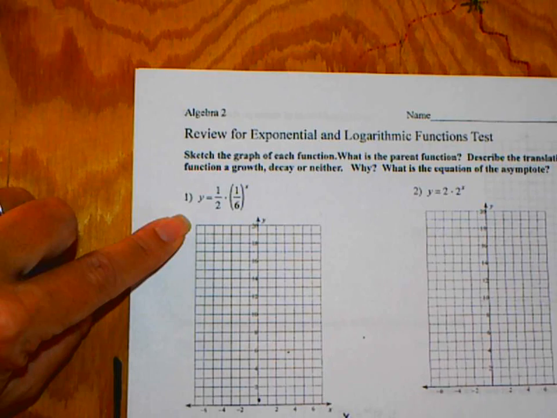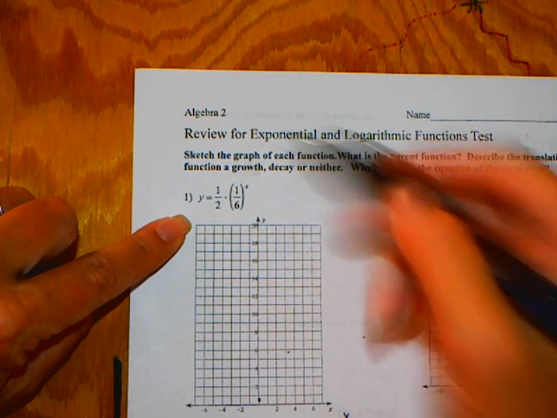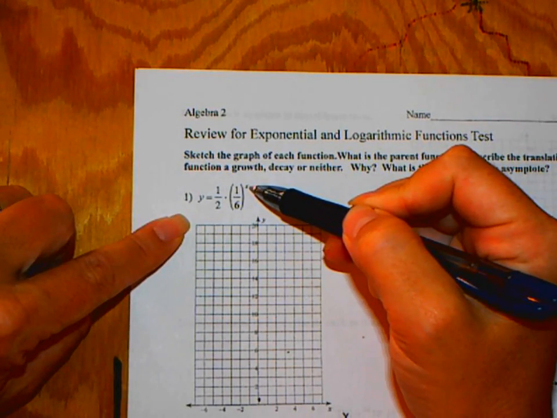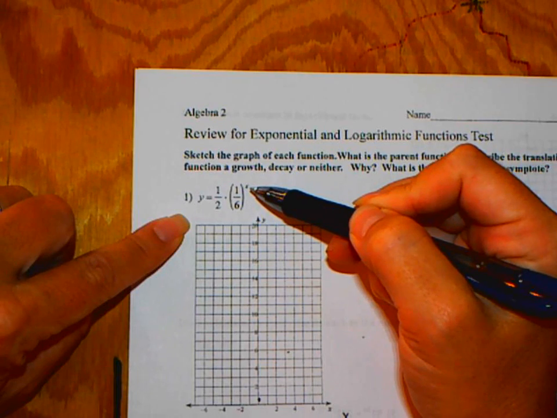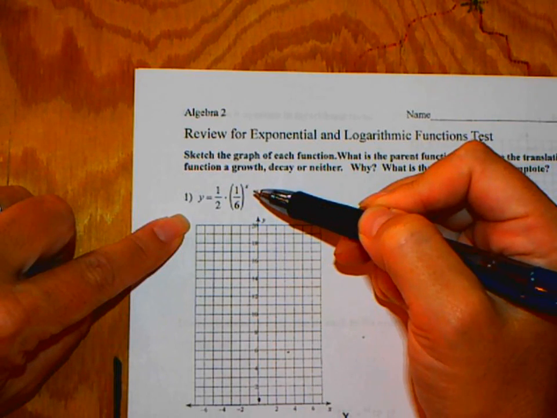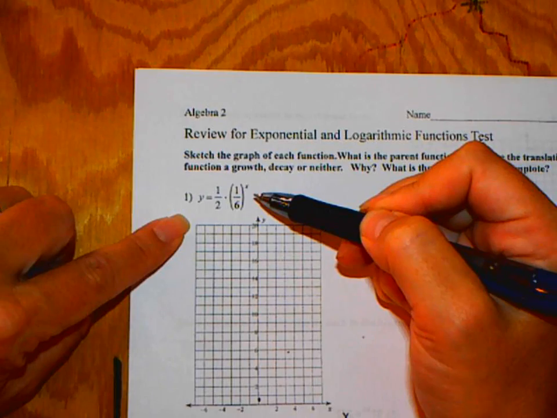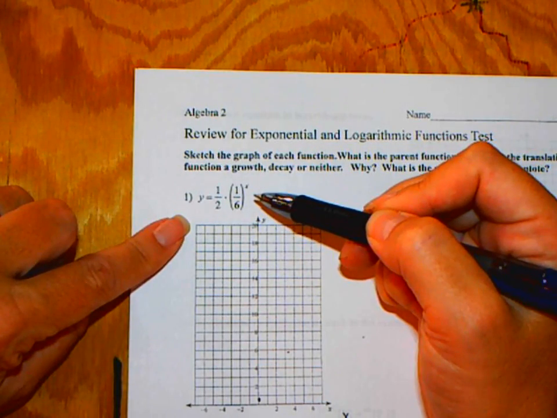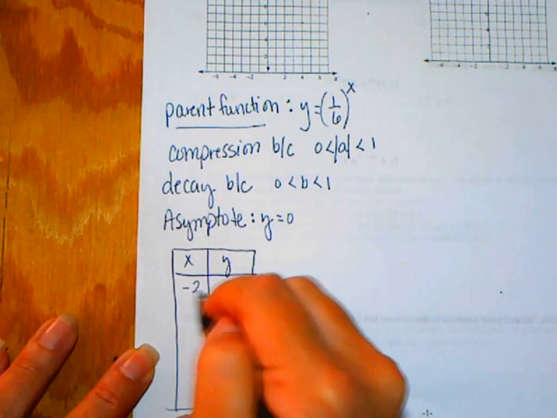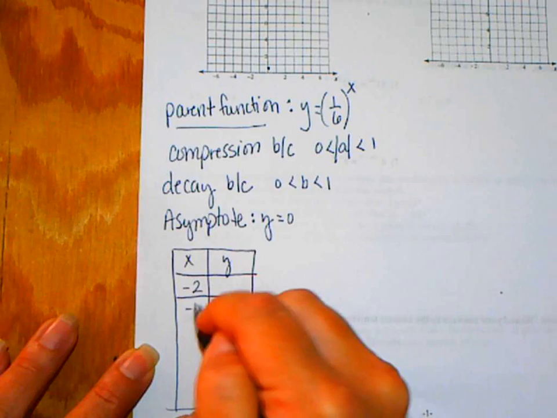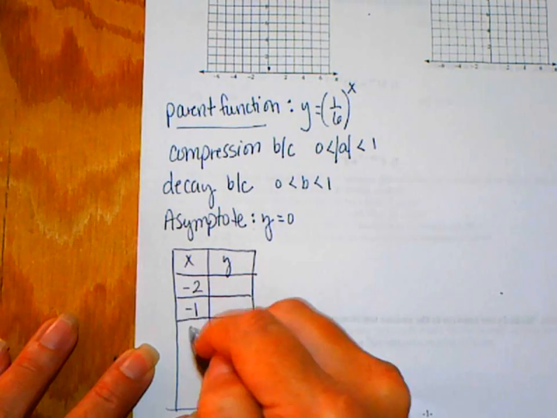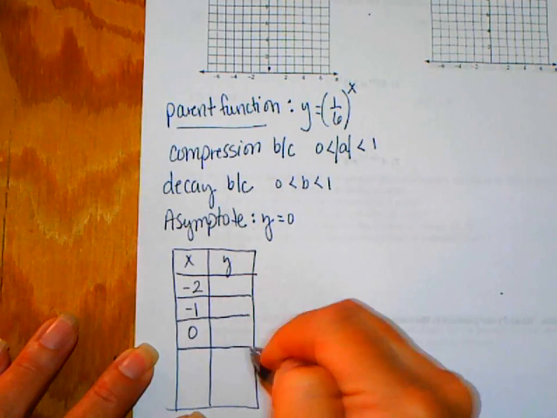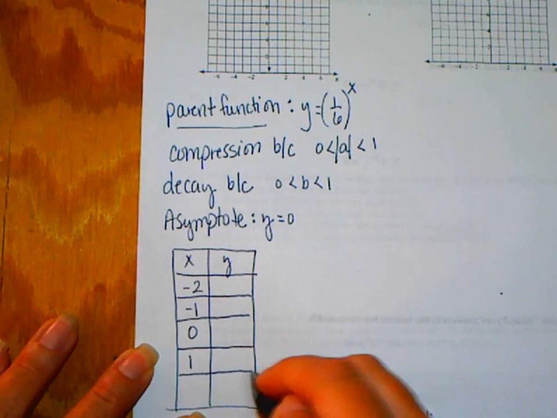Remember, for exponential functions, it's easier for us to pick values for x and plug them in than it is to figure values for y and plug it in. And these are fractions, so we might get decimals, but that's no big deal because you can use a calculator on this part, okay? So I'm just going to pick the regular old -2, -1, 0, which we already know the answer to, 1, and 2.